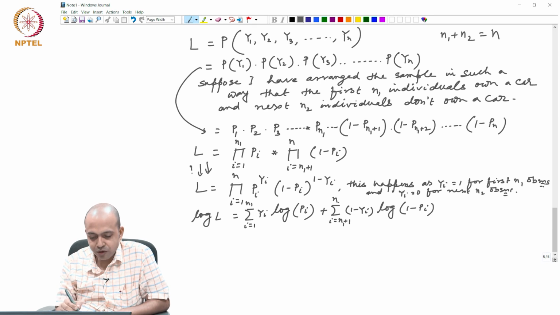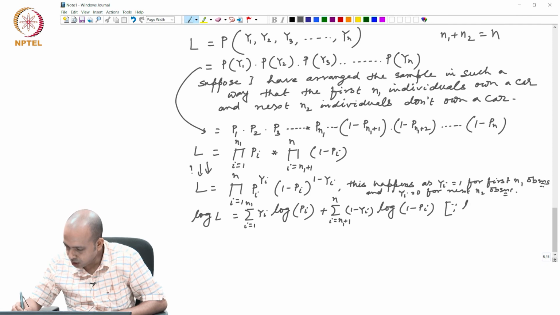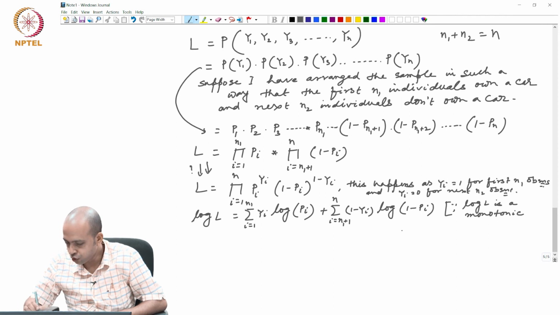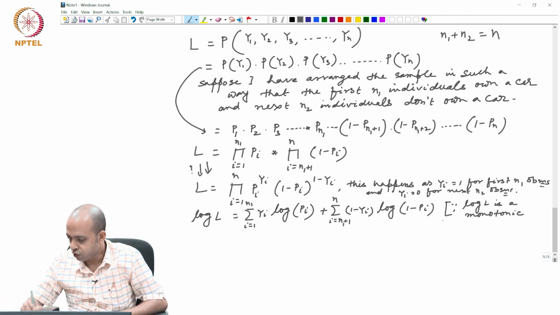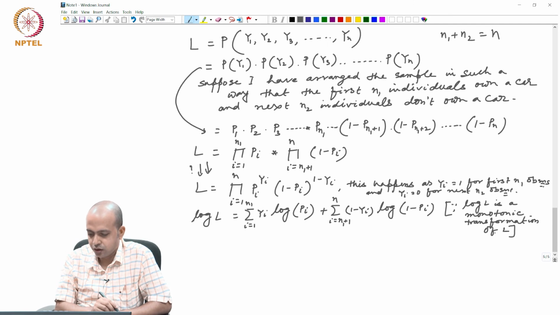Okay. Why have I done that? Because log L, why did I do this? Because log L is a monotonic transformation of L, monotonic transformation of L. Okay.